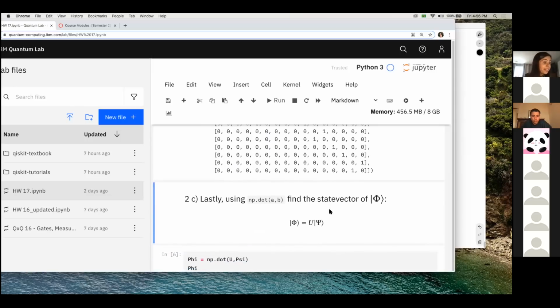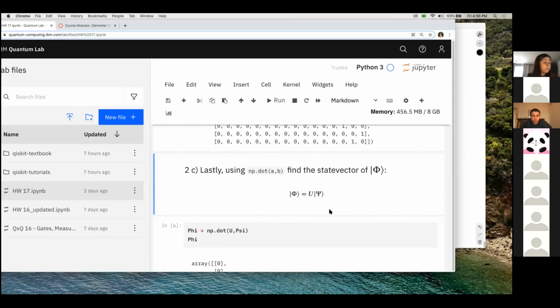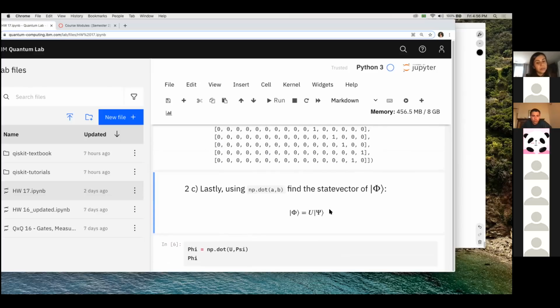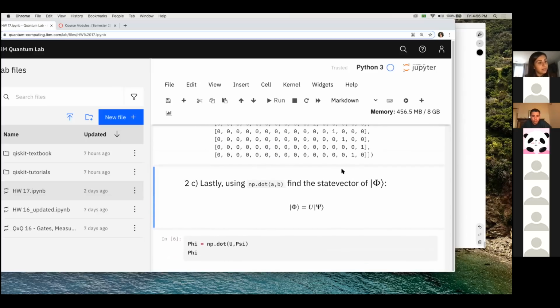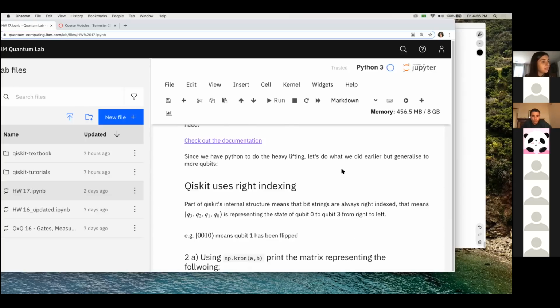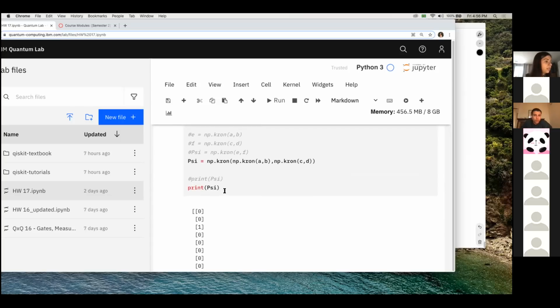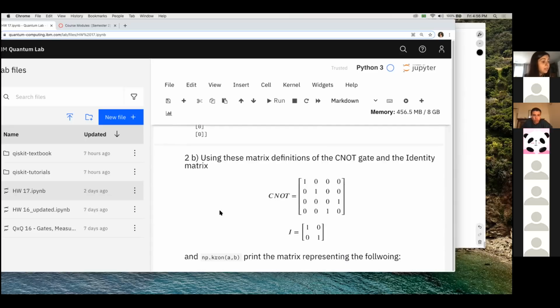So now finally, we're going to use the dot product to apply a matrix to a vector. The psi vector is our friend the psi vector that we found here. I already defined it, so Jupyter Notebook already has it, and I'm going to use it.